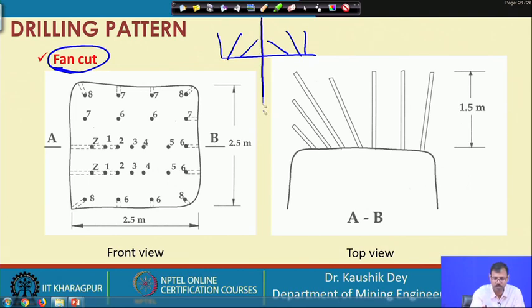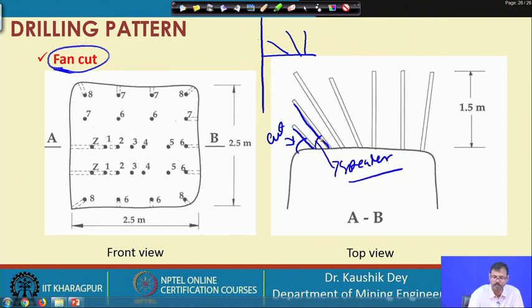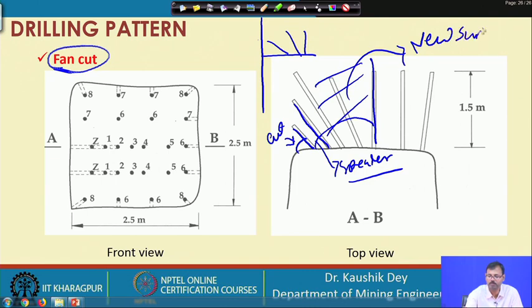If you cut it from the middle, then erase the rest part, you can see this will look similar to this, where this is the first cut angle, then these are the cut spreaders, and gradually it is coming till this, where the new free surface is created.